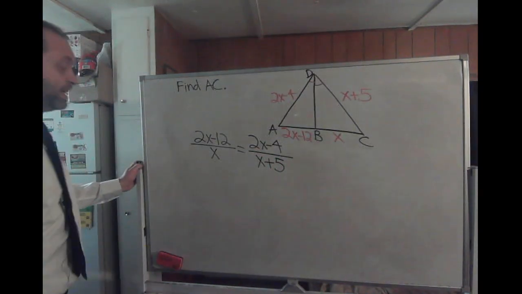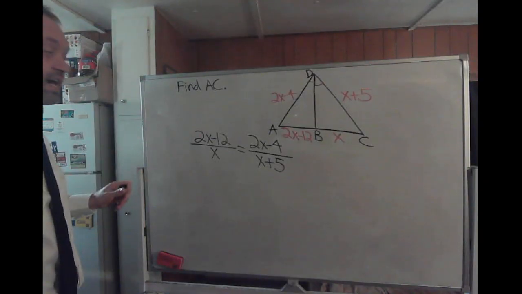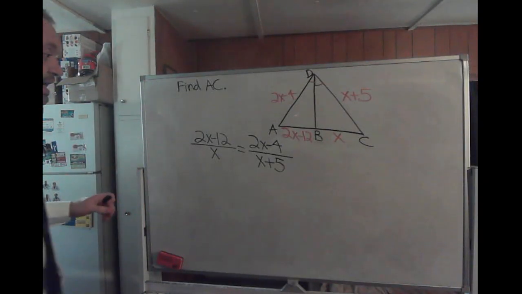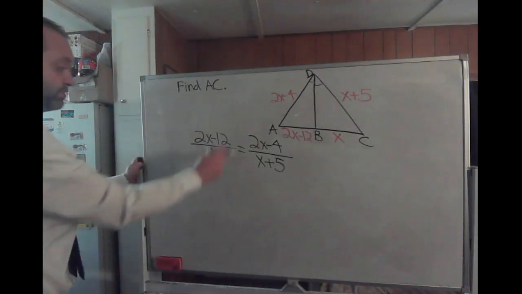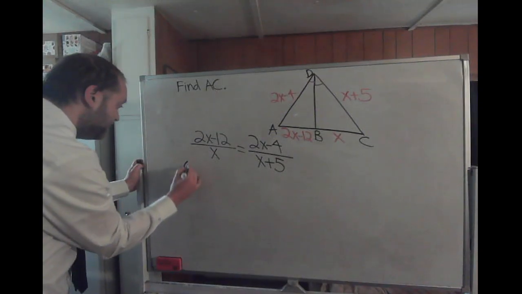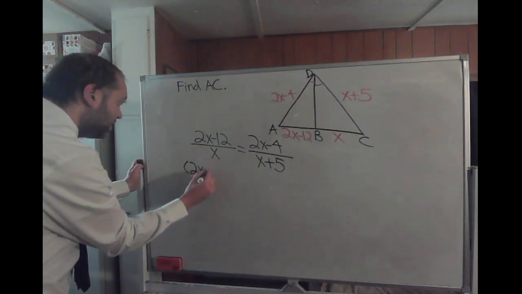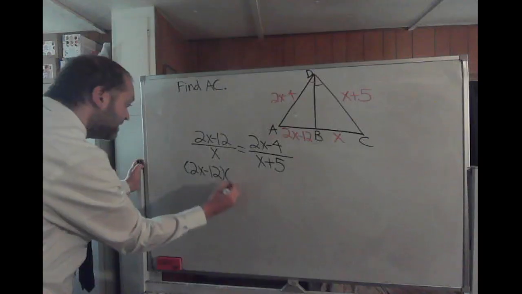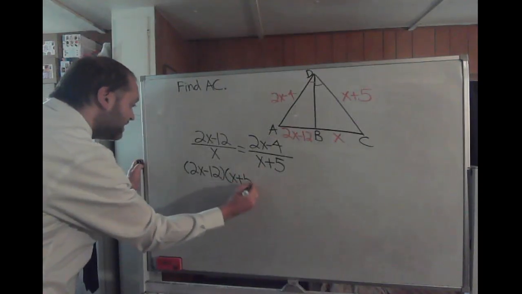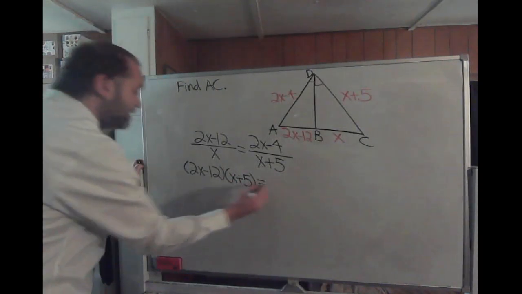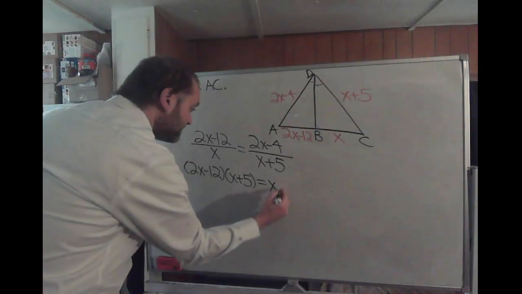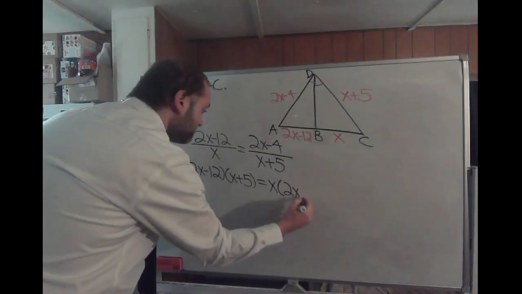There's really no way of simplifying. It's just not going to be pretty. We're going to have some quadratics. So the cross product here, that would be the product of the quantity 2x minus 12 times the quantity x plus 5. That'd be equal to the right side, x times 2x minus 4.